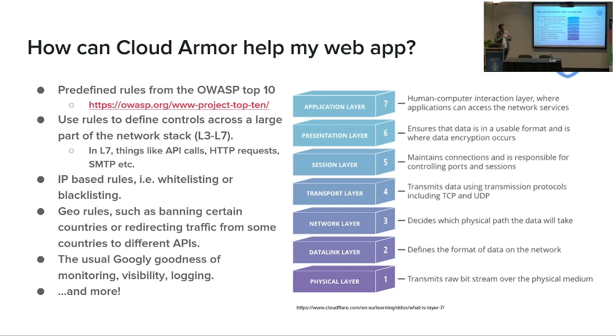Alternatively, your company might decide that, as part of the war going on with Russia and Ukraine, you want to block traffic from Russia. So you can do that too with these geo rules.